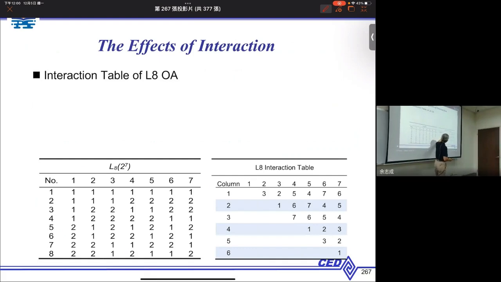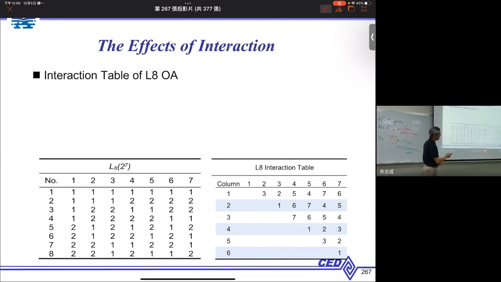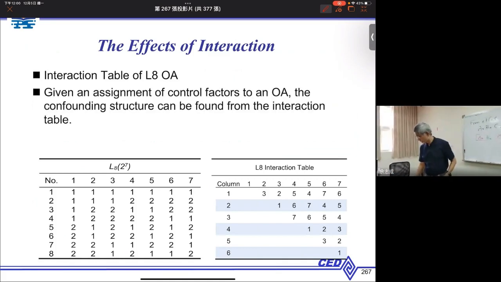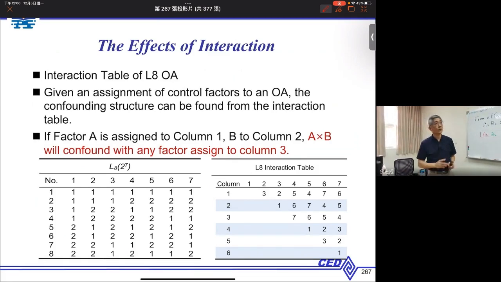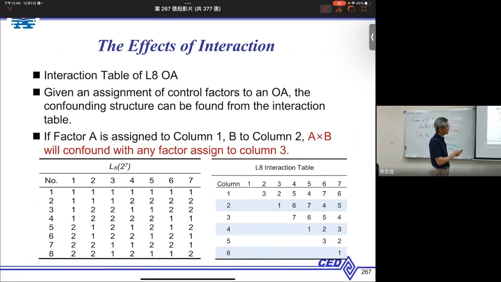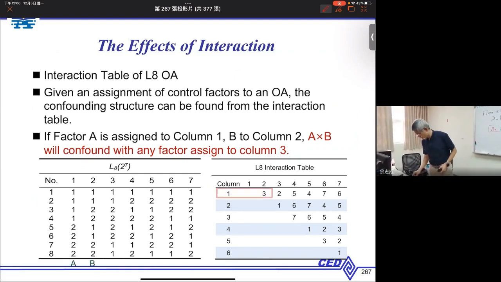1, 1, no. 2, 2, no. Okay. But if you assign 1 factor to column 1, 1 factor to column 2, then the interaction will be present in column 3, just like our previous example. If I assign A to column 1, B to column 2, then the interaction AB, where's the interaction AB?